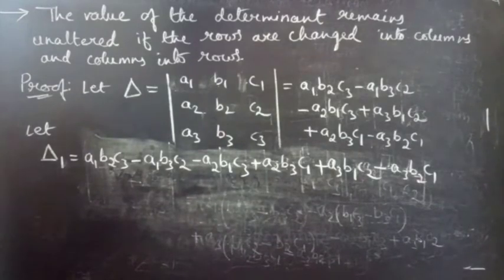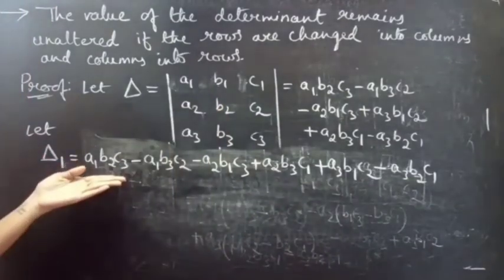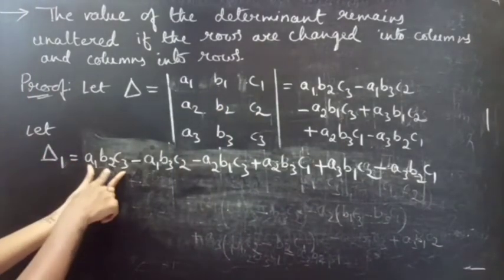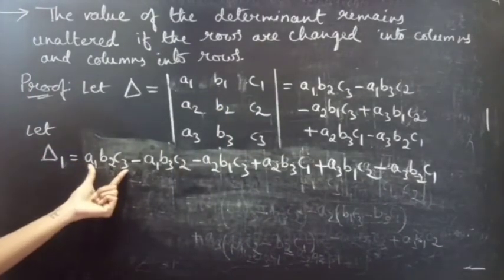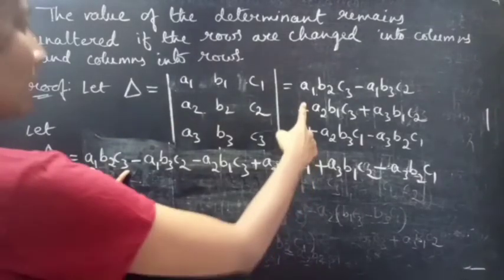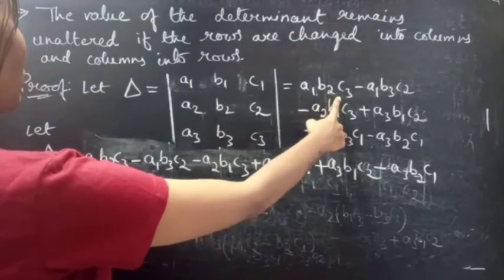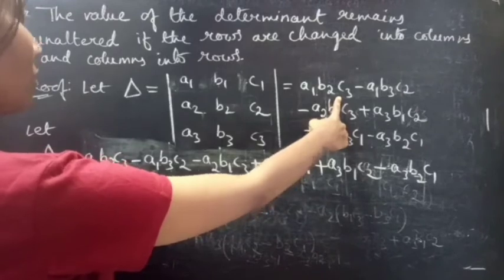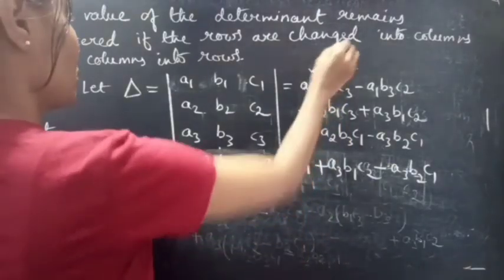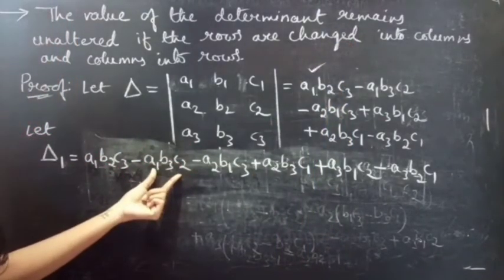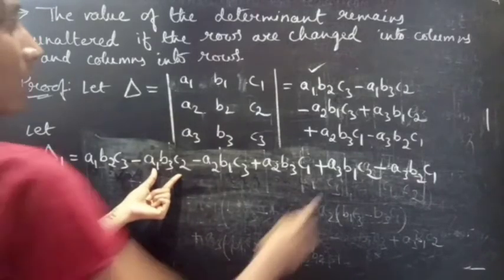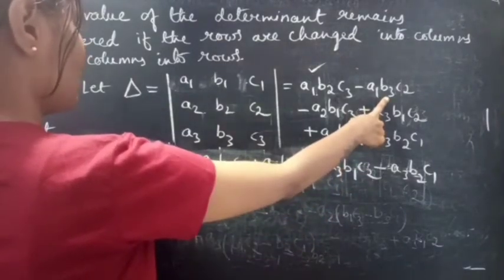Now compare these two. Here you have A1 B2 C3. Find where you get A1 B2 C3. So here is your A1 B2 C3. Next you have minus A1 B3 C2, and here as well, minus A1 B3 C2.